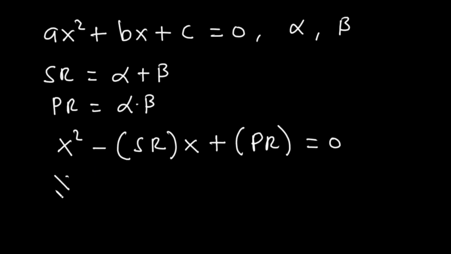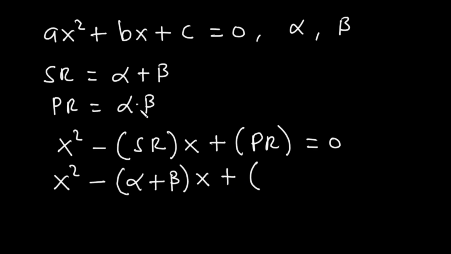So that's going to be x squared minus, we have the sum of roots to be alpha plus beta, and then we have the product to be alpha times beta, equal to 0. So let's call this equation 1. From equation 1, it is obvious that the coefficient of the x squared term is 1.